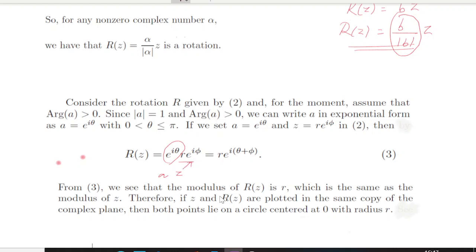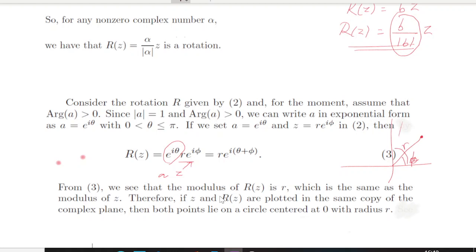Now we know that e raised to i theta and e raised to i phi can be combined, so we get r into e raised to i (theta plus phi). In polar form, the point with phi and r is here, and now the point has moved to phi plus theta.